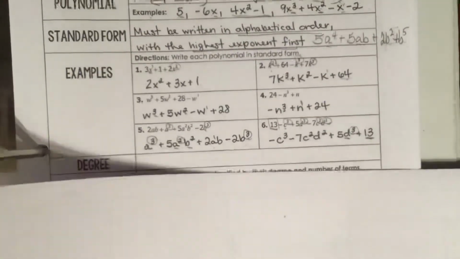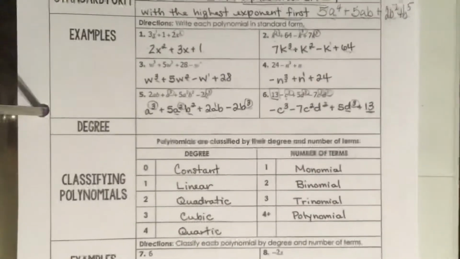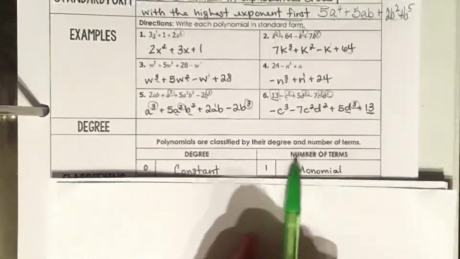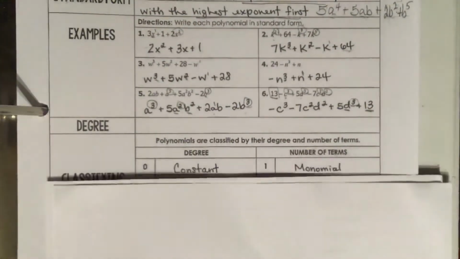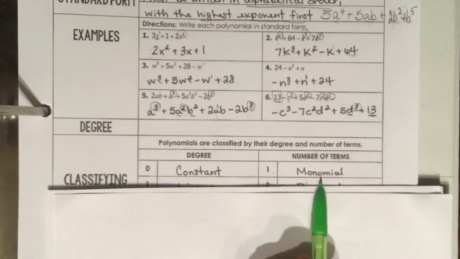Let's look at this chart real quick. Classifying polynomials, remember we talked about degree and number of terms. So for the number of terms, one term is a monomial.